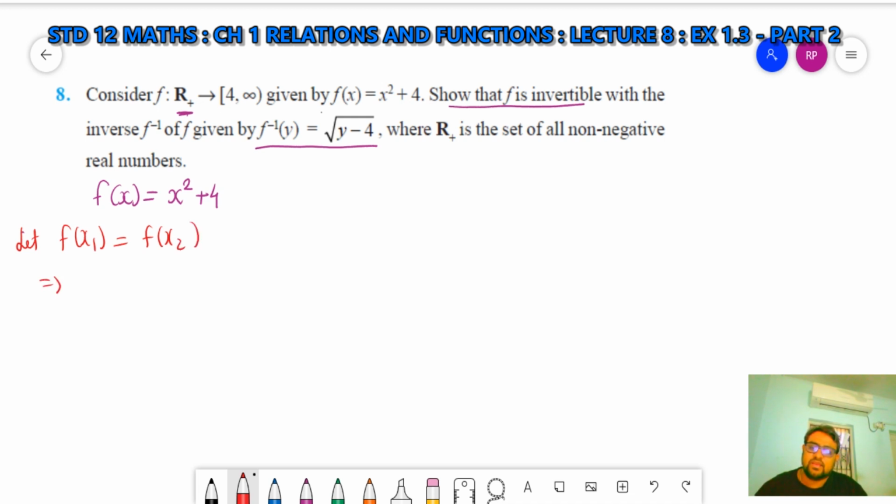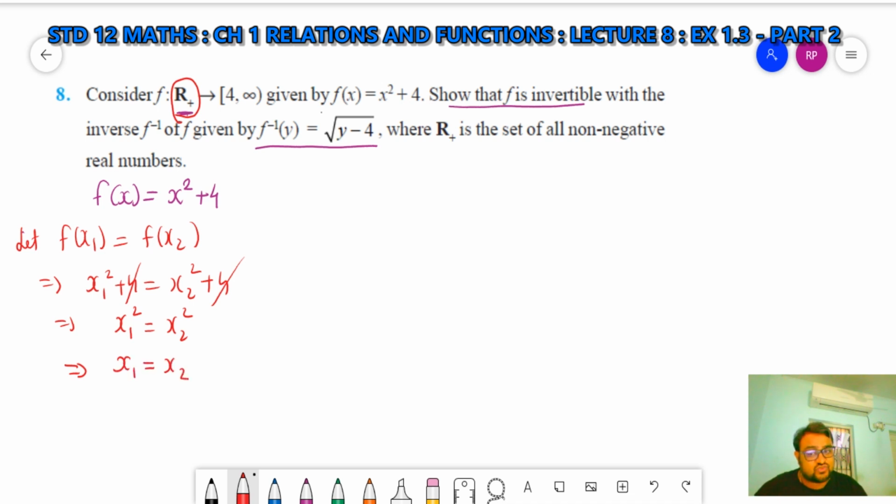That means x1 square plus 4 equal to x2 square plus 4. 4 gets cancelled. x1 square equal to x2 square. So now when I take square root on both sides, we will get plus or minus. But see the domain, it's R plus. So I cannot take a negative value. I can only take a positive value. That means x1 will be equal to x2. Hence, it is 1-1.